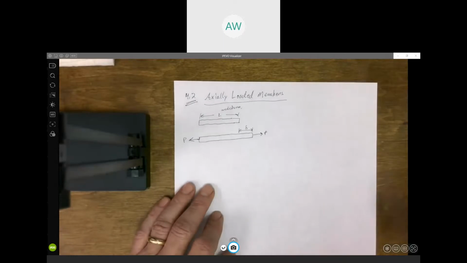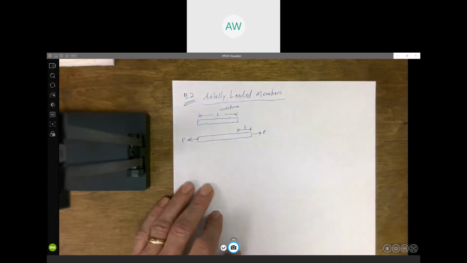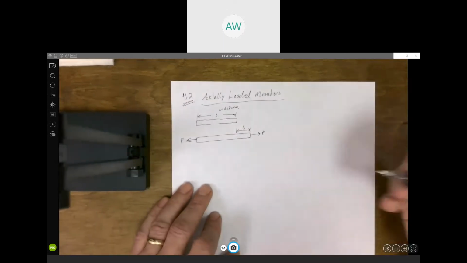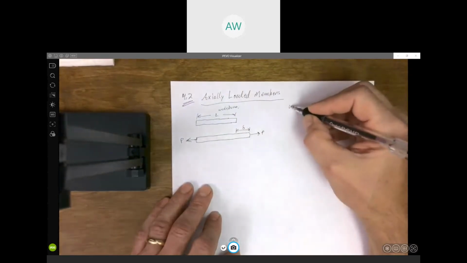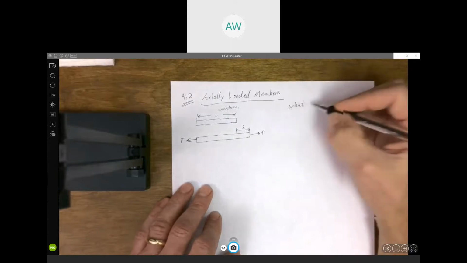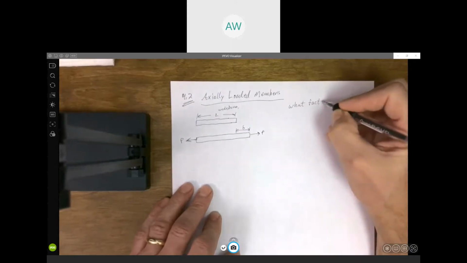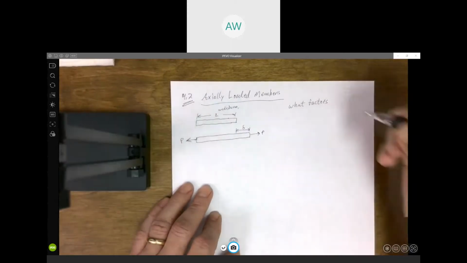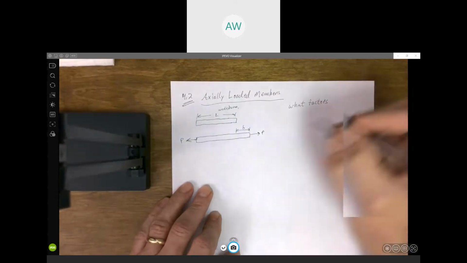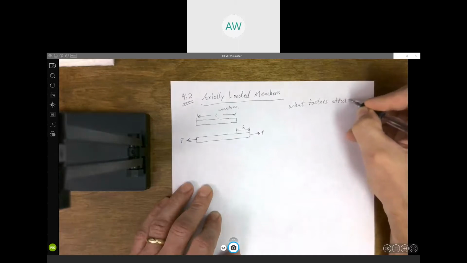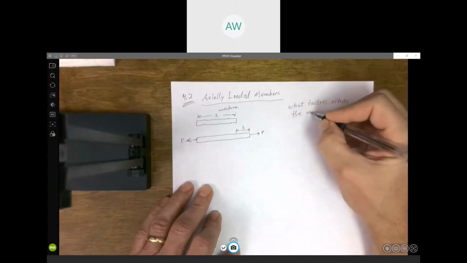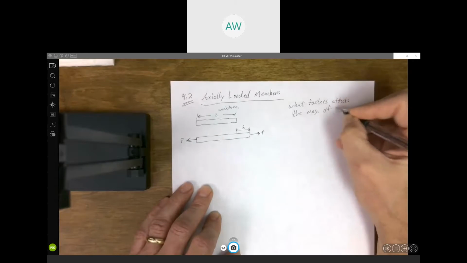So the question I want to ask, and y'all have to be willing to chime in here, is basically I want to know what factors determine or affect the magnitude of delta.